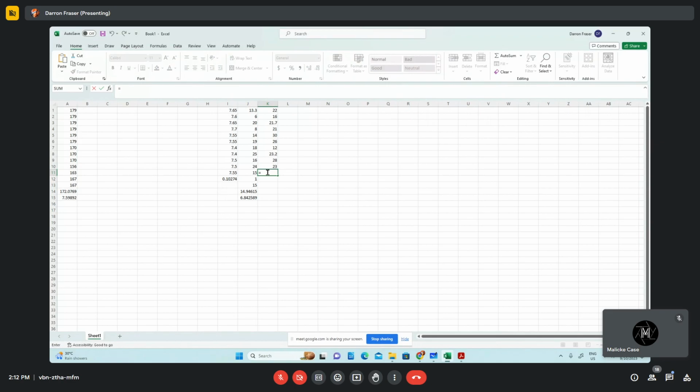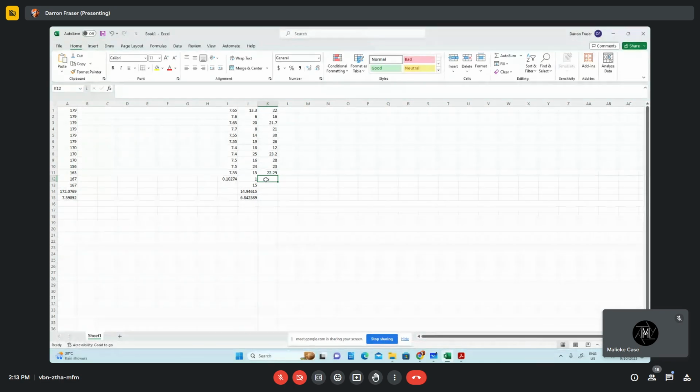Equal average, equals standard deviation.